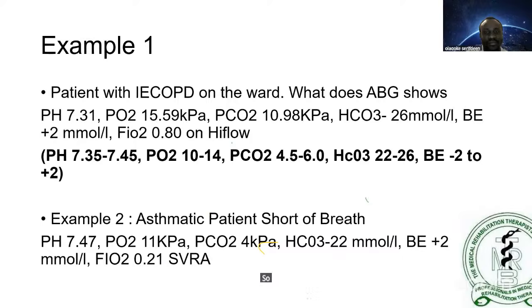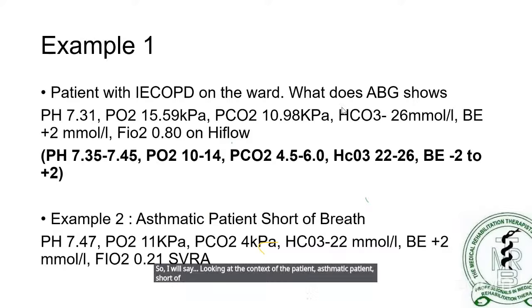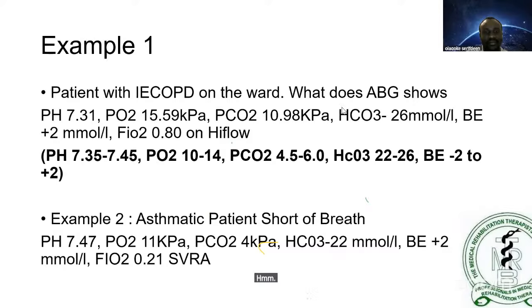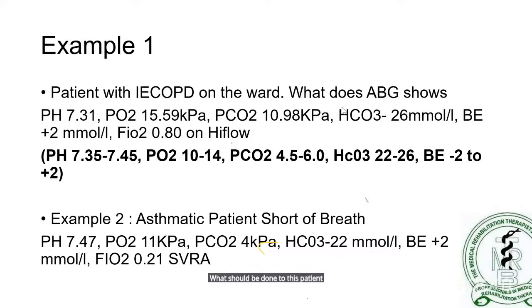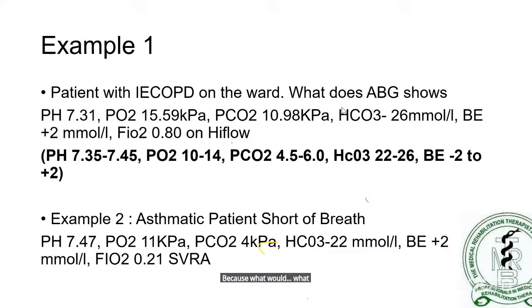So looking at the context of the patient, an asthmatic patient, short of breath, what should be done is to actually calm the patient down. Because what is driving the increase in pH is the context of the patient, the shortness of breath.